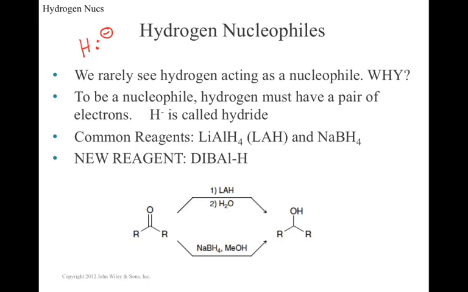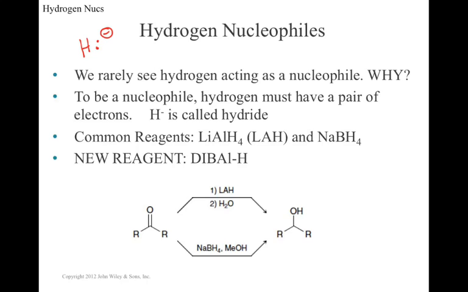Okay? So, how can we get hydrogen as a nucleophile? Well, as we talked about within the last section, we've got two common reagents, lithium aluminum hydride and sodium borohydride. And I'll draw those out right here.